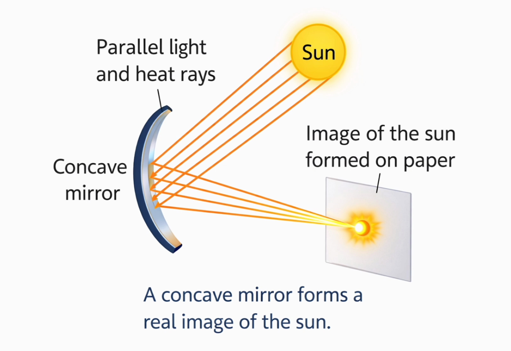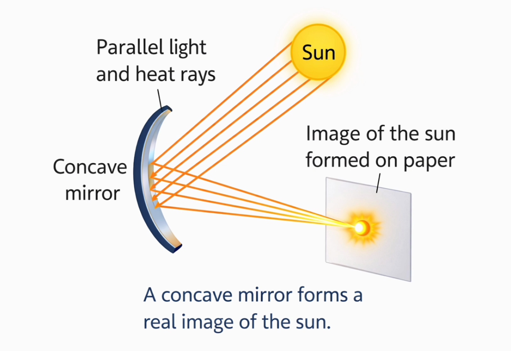So when the reflecting surface of the mirror is towards the sun, what will happen? Sun rays fall on the reflecting surface of the mirror, and the reflected rays you can see on the paper. Slowly move the paper back and forth. After some time, you will notice a bright, sharp spot of light on the paper. Observe the diagram. Now keep the mirror and the paper at the correct position for a few minutes.